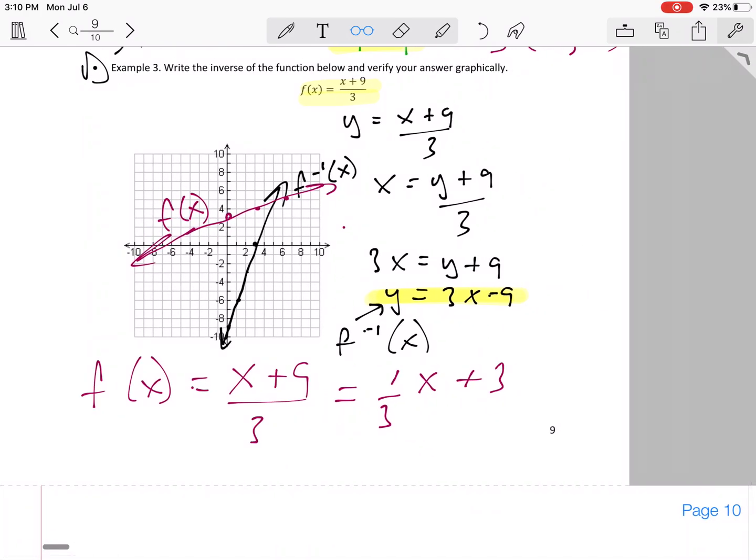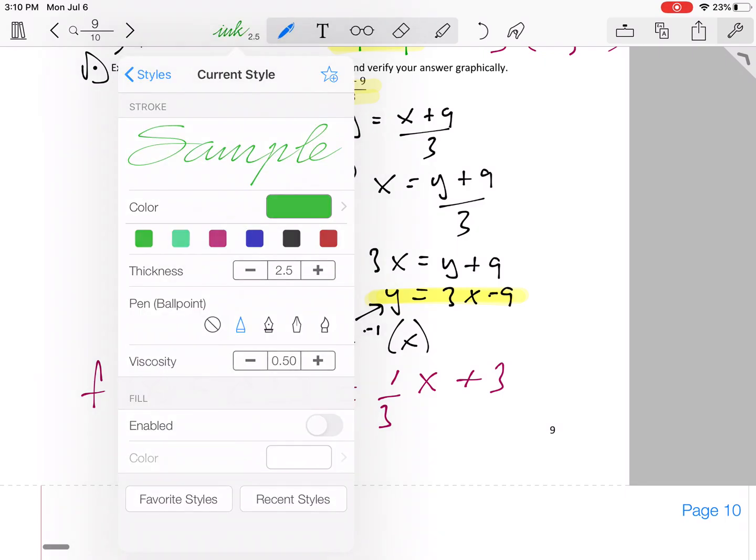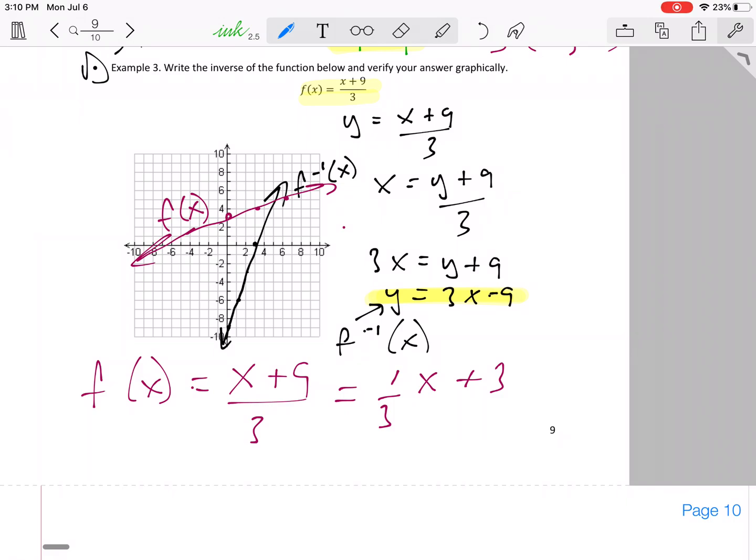Okay, so I'll stop there. In terms of it saying verify, what you want to show is basically that your mirror line for an inverse is y equals x. So there's your y equals x.